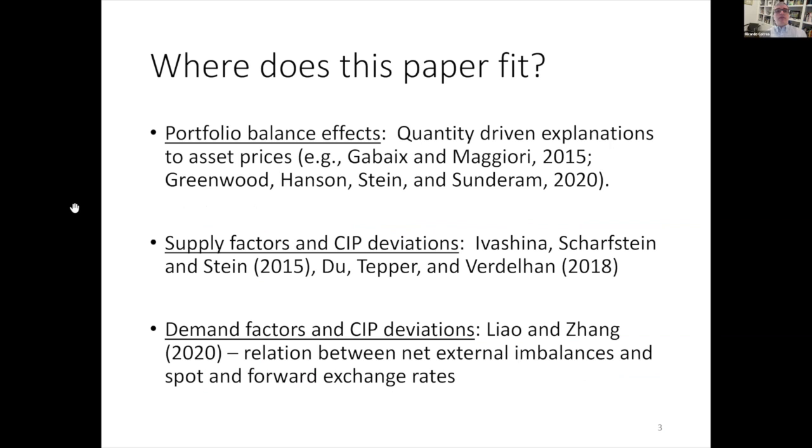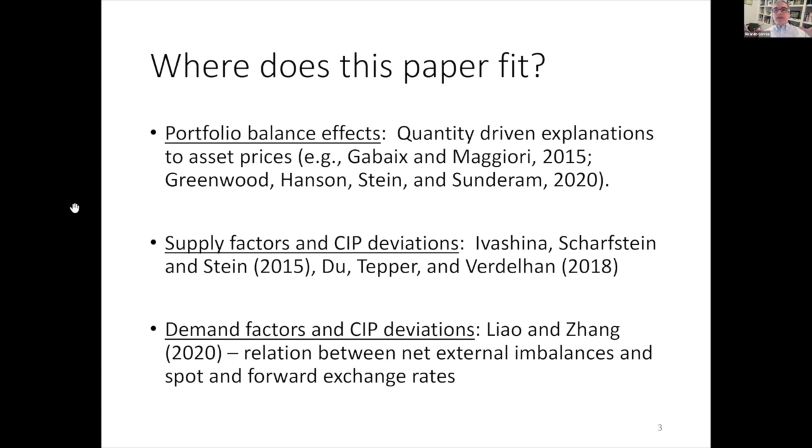There's a big literature out there that has grown quite a bit in the past few years, which looks at portfolio balance effects. So how portfolio changes or quantity-driven changes may affect asset prices. In this vein, there's Gabaix and Maggiori, and then more recently Greenwood, Hanson, Stein, and Sunderam.